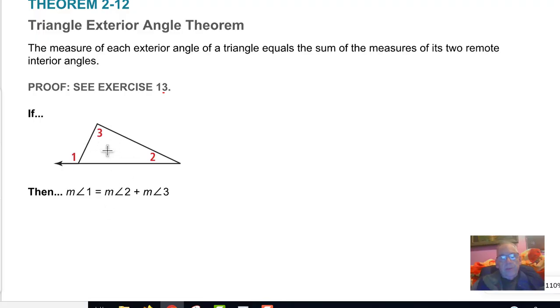These angles all have to add up to 180 degrees. So 3 plus 2 subtracted from 180 is going to give us the measure here. So this is really 180 minus the measure of 3 plus 2. So here we're talking about the angles 3 plus 2.